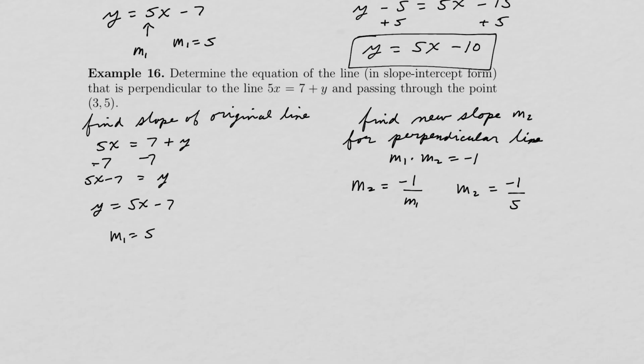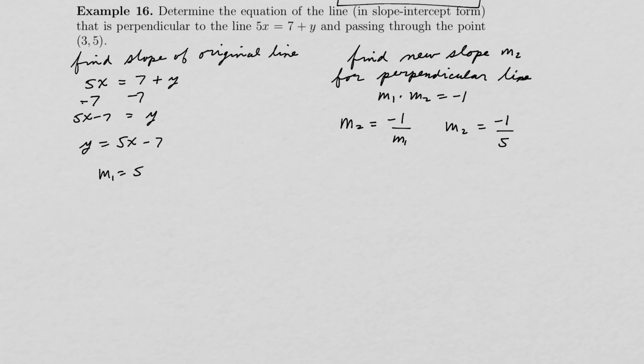So now that we have the slope of the new perpendicular line, I can use the point slope form and find the equation, right? So I know that I want this form. y minus y1 is equal to m times x minus x1. And I know the point, right? I want it to pass through 3, 5. So this is my x1, y1, just like before.